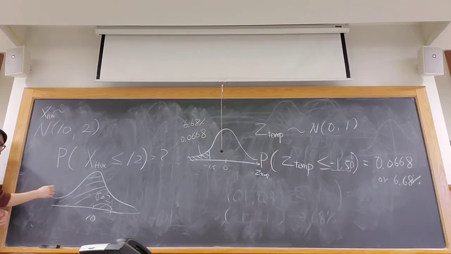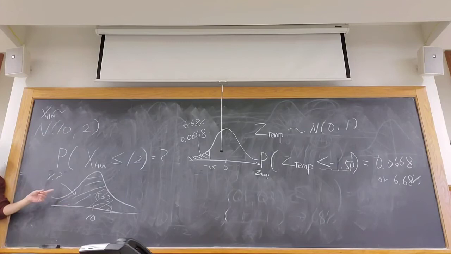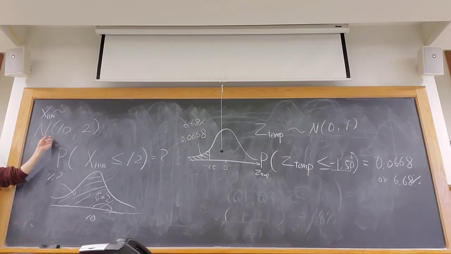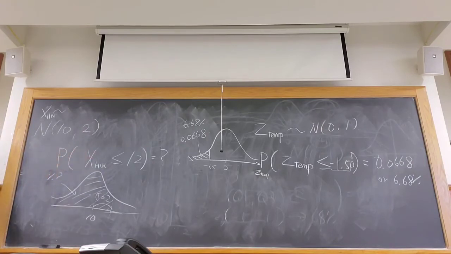And then I want to know what percentage corresponds to that. We cannot directly calculate the probability in a normal 10-2 scale. But if I convert this into the standard normal scale, then I can calculate the probability using the table, right?